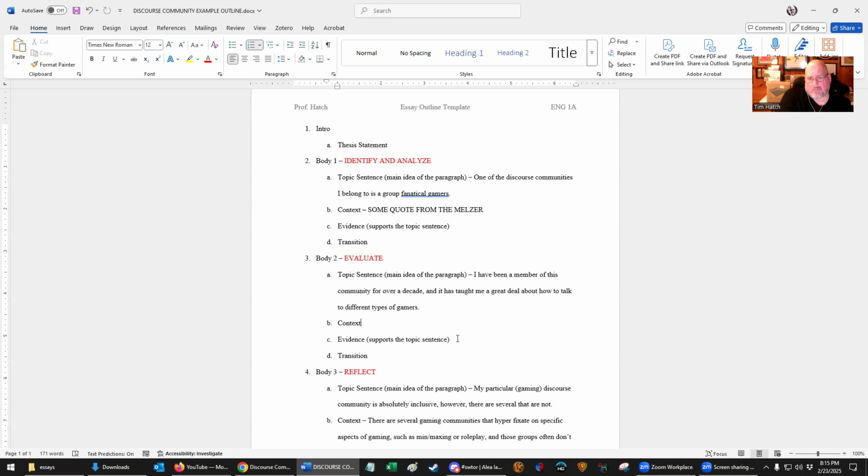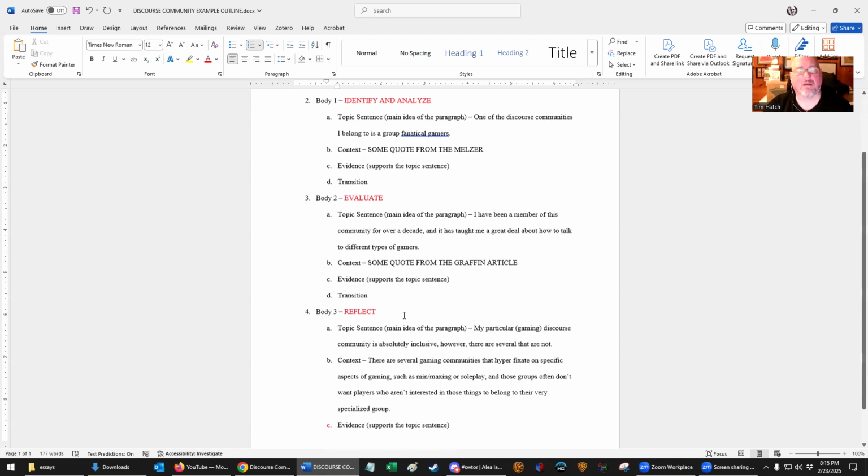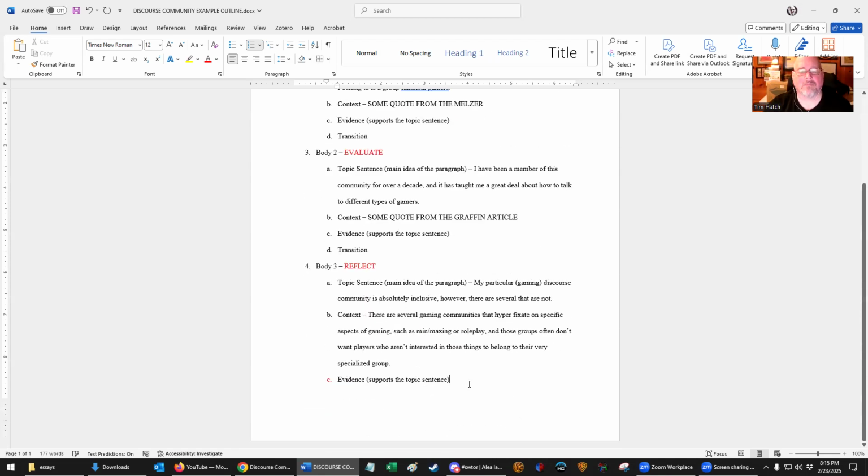So I think that would probably be the article I would lean toward between those two for this particular outline. So I'm just going to say some quote from the Graffin article, and then yeah, evidence here.